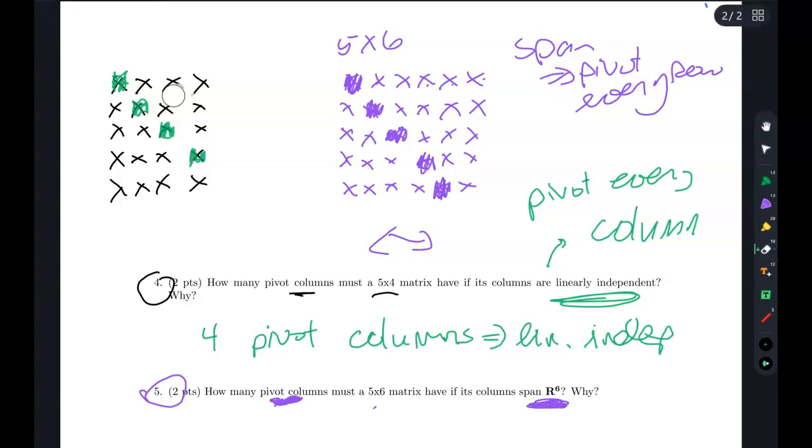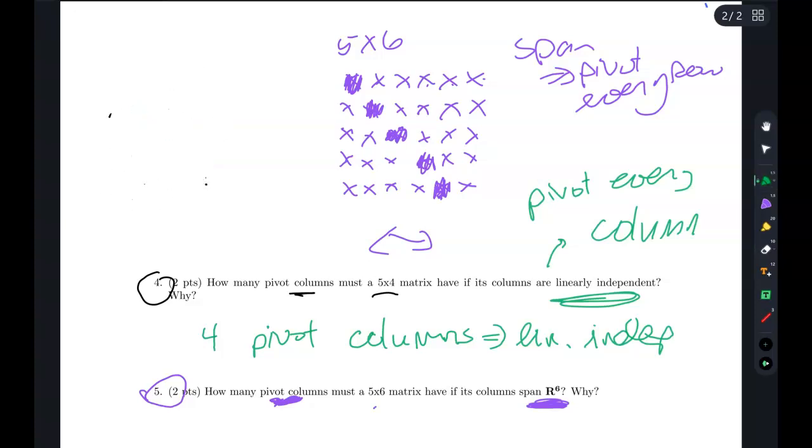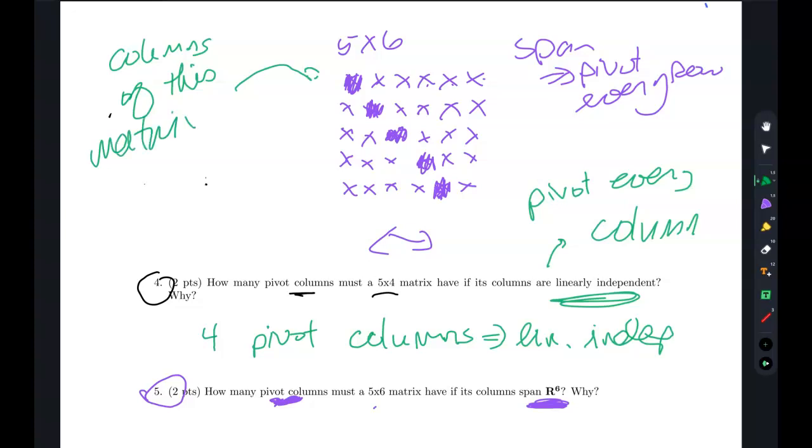So let's remember context. The columns of this matrix are 1, 2, 3, 4, 5, so they have 5 entries.